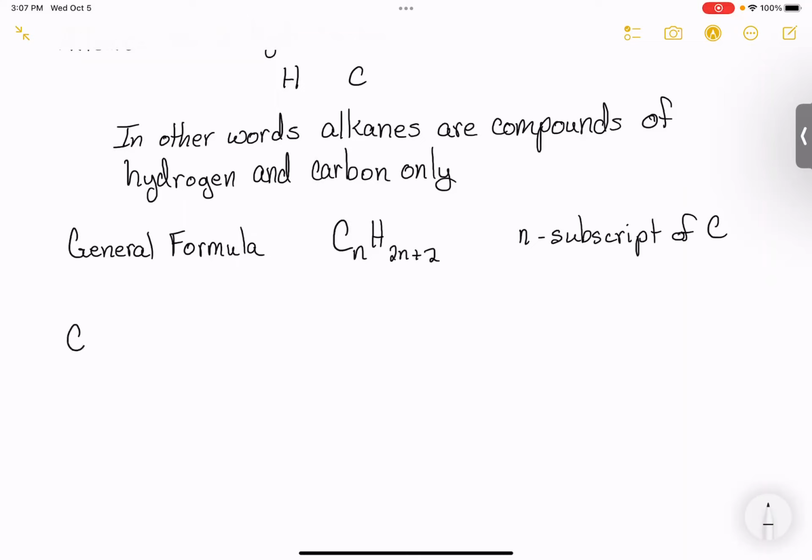So if we have one carbon, then our hydrogens would be 2 times 1 plus 2. So the formula would be CH4.